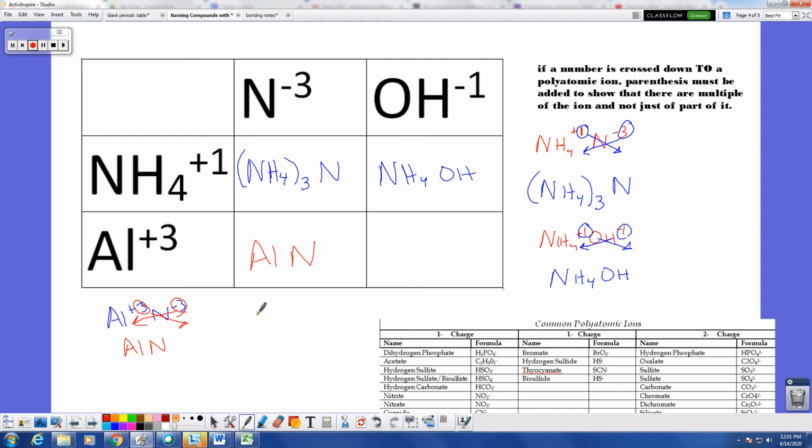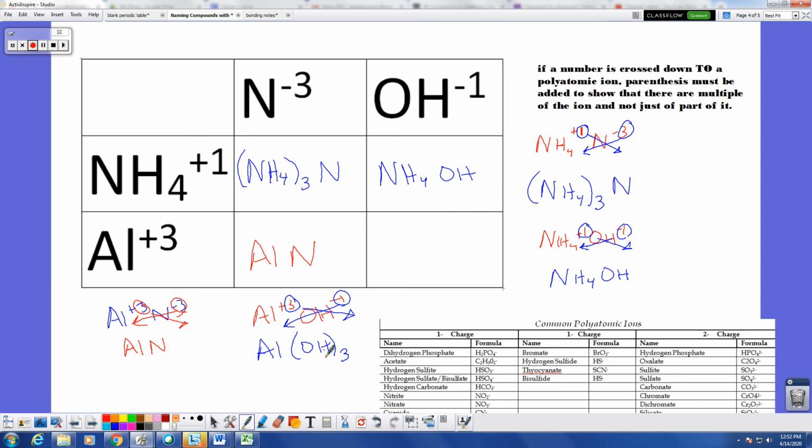And then the last one, Al +3, OH -1. Grab just your number. This time we do have a number crossing to a polyatomic. So that has to go inside the parentheses because we need 3 OHs. Even though it didn't have a little subscript here, that does not matter.